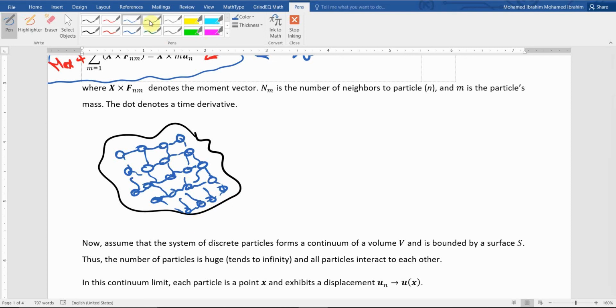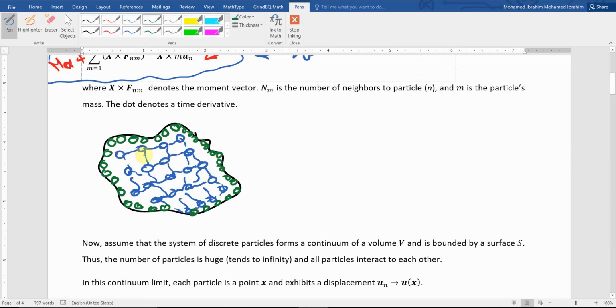Now let us consider that in this continuum, there are some special particles that are located over the surface of this continuum, in this way. Even the number of particles over the surface is huge. It is uncountable because it is so many, right?